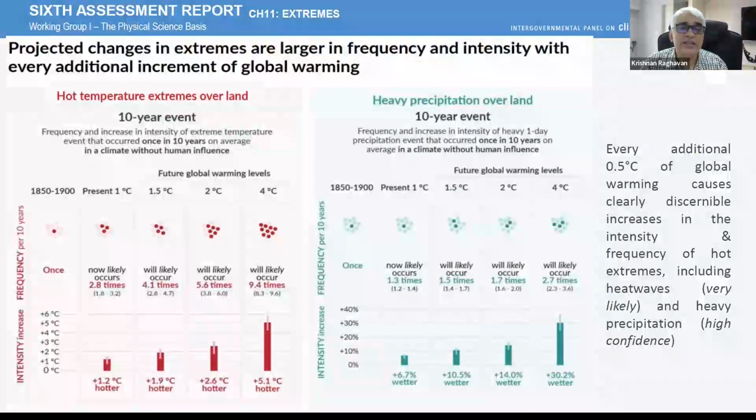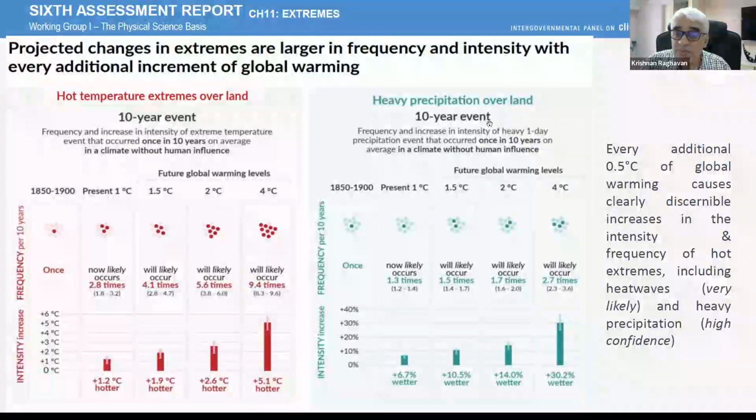And we are already seeing this on a global scale. Hot temperature extremes over land are increasing. What used to happen once in the pre-industrial period is now 2.8 times more likely to occur. And with higher degrees of warming, 1.5 to 2 degrees, the frequency is going to increase, as well as the intensity of the hot temperature extremes.